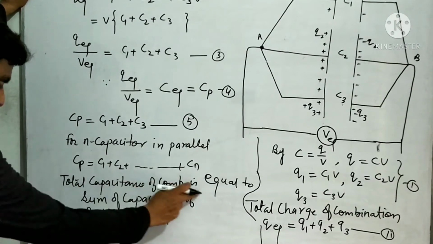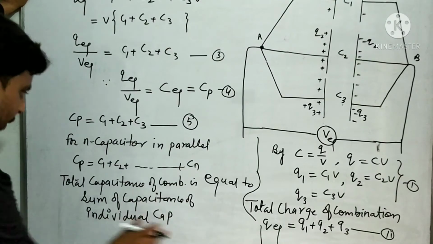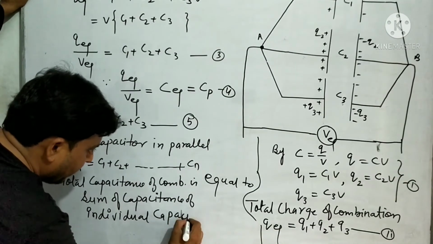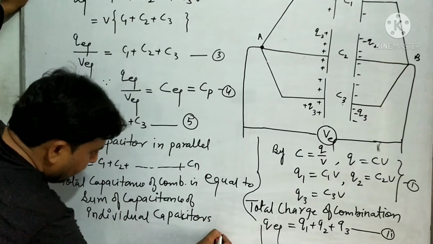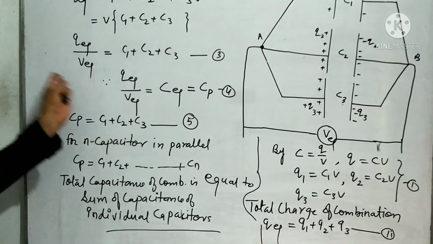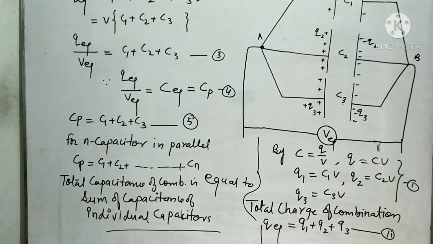Total capacitance of the combination is the sum of the capacitance of the individual capacitors. So this is the net capacitance of the parallel combination of the capacitors. You can take a screenshot there.